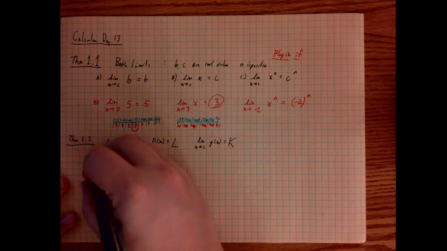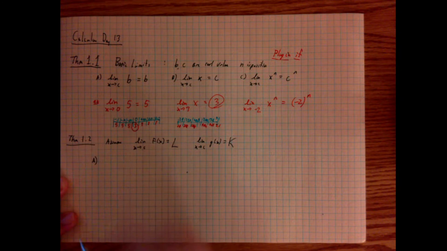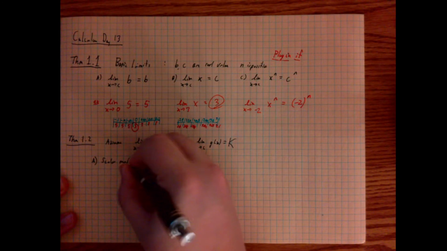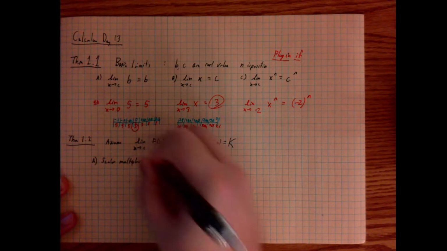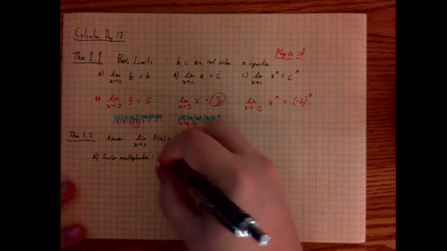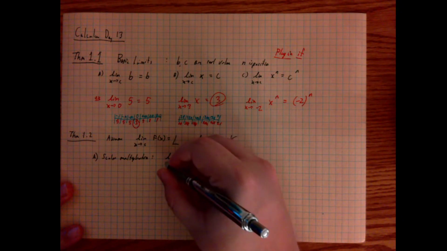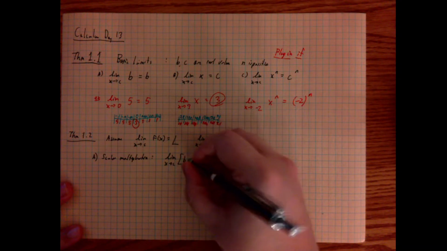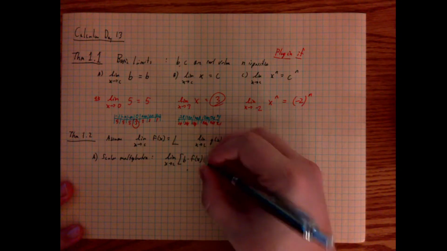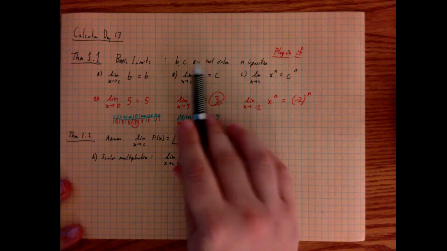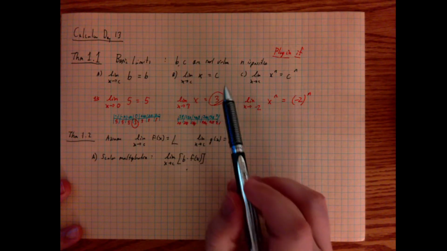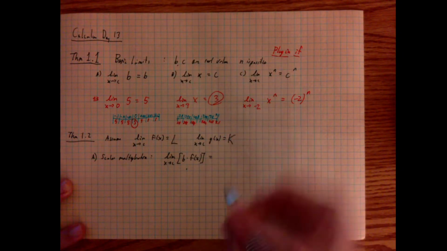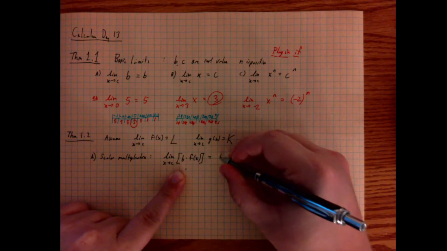Okay, first basic property. We call this scalar multiplication. What it says is, if I take the limit as x approaches c of b times f of x, in this case b, again, is going to be a real value, so it could be 7, it could be 2, it could be negative 4/3, it could be a radical. 2 things happen. 1, we could take the b and essentially bring it outside.